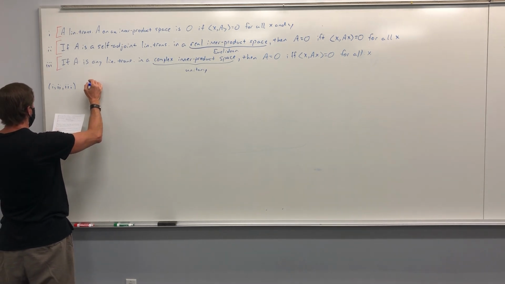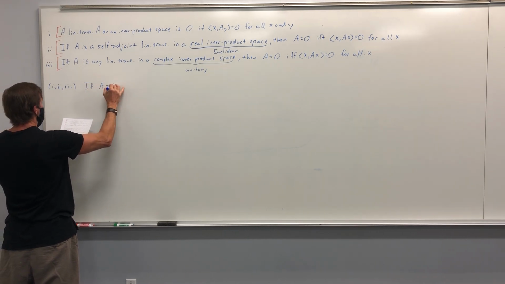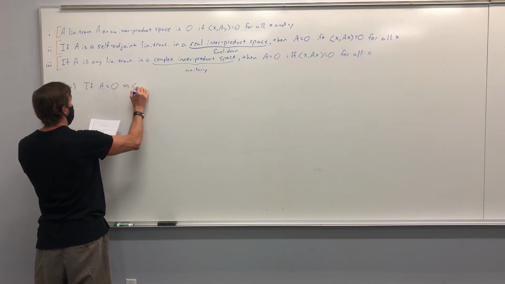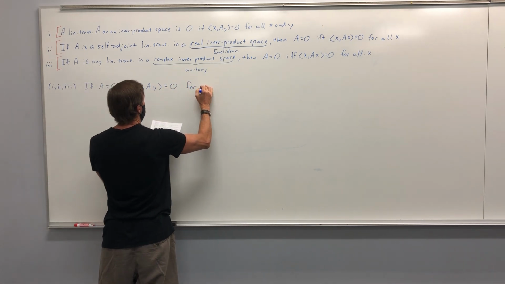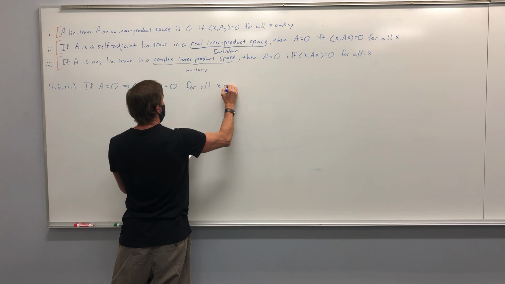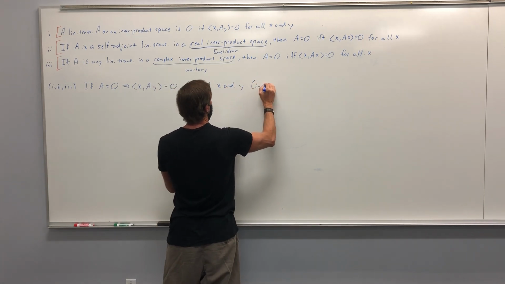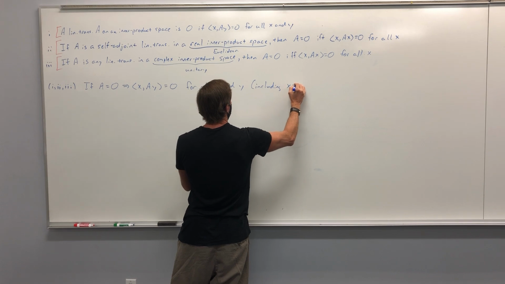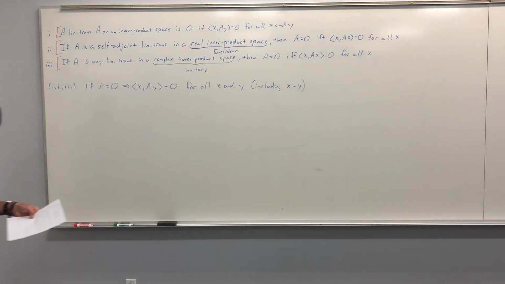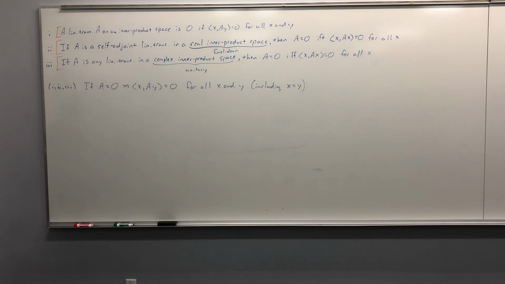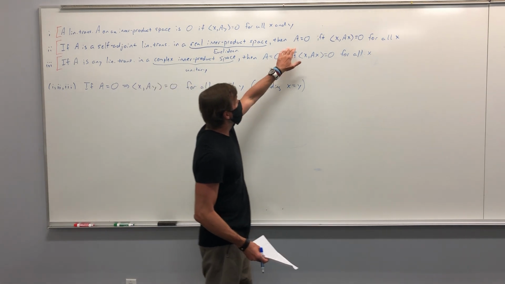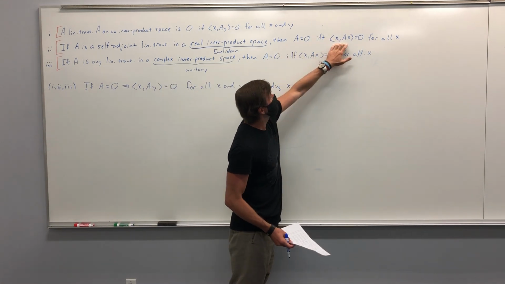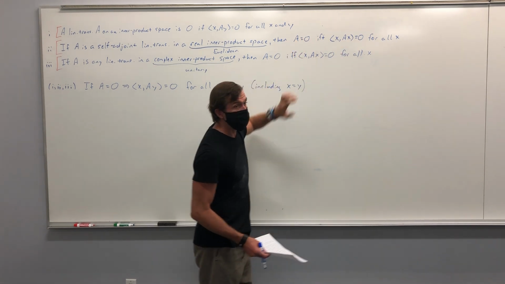So to prove the necessity, first, obviously, if A equals 0, then <x, Ay> equals 0 for all x and y, including, of course, x equals y. So remember, this is if, so we want to show that this implies this, but more importantly, this implies this.